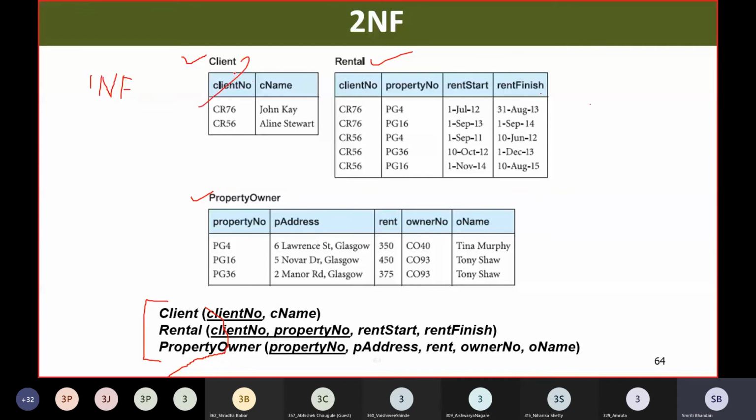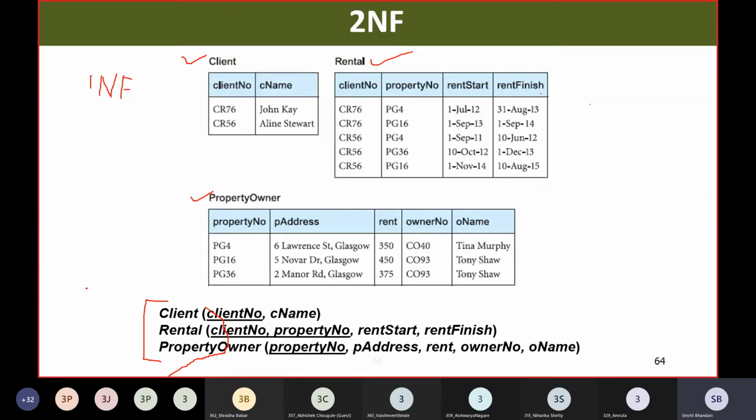So we can identify that each of these relations is in 1NF, because all the attributes here have atomic domains. Do you agree with me? Yes? Yes, ma'am. So all these three relations are now in 1NF.